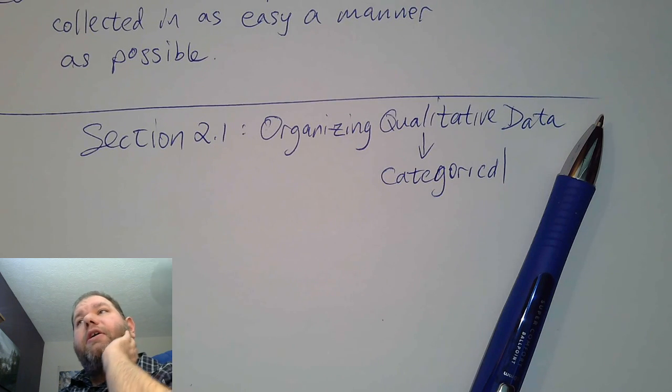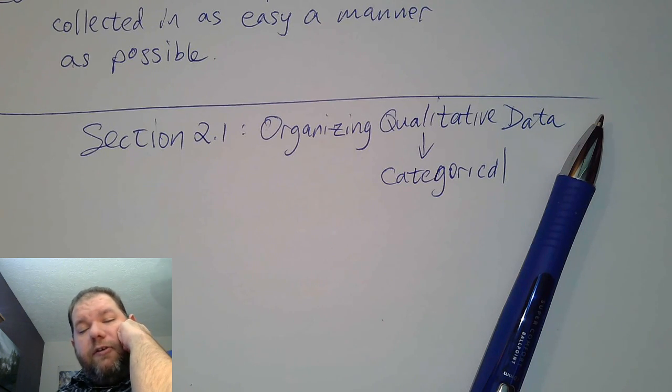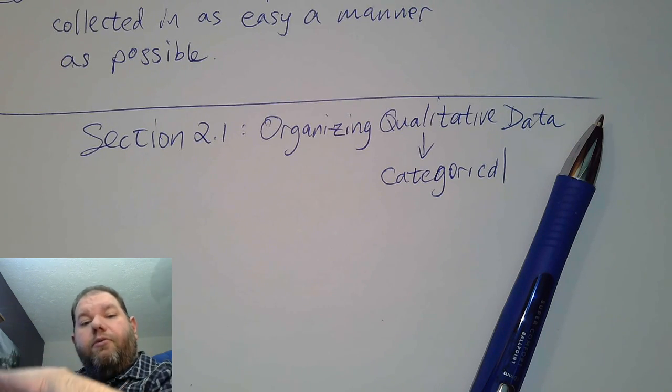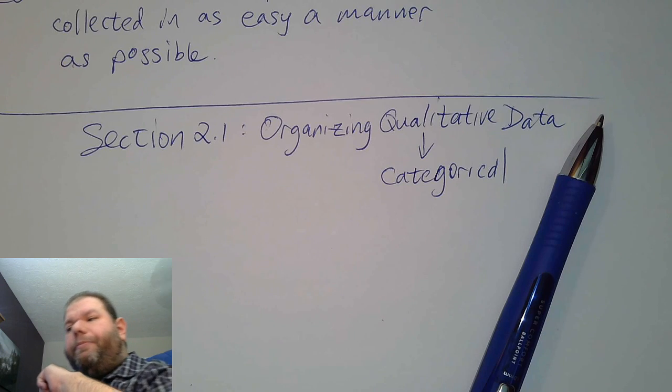We may say, what is everyone's favorite color? Something as simple as that. And we can create a display that illustrates what the most frequently chosen favorite color is. So there's different things we can do here, but the idea is we have all this categorical or qualitative data. How do we put it together in a meaningful way?